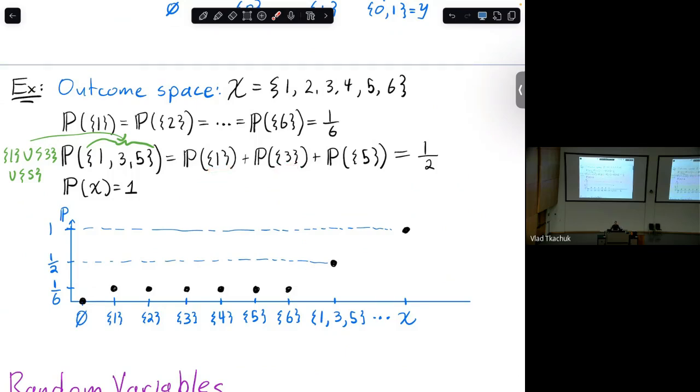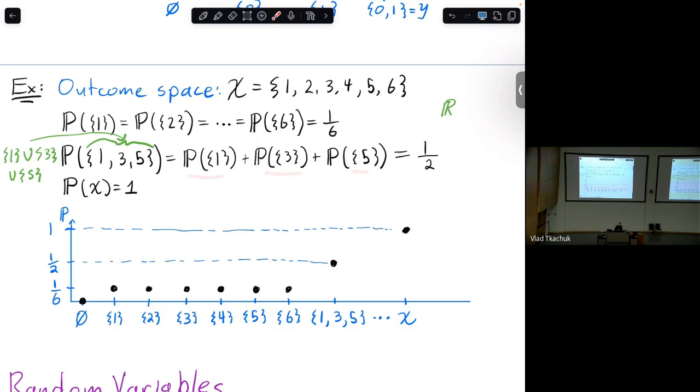This works fine until we get to outcome spaces that are infinite. If you have an outcome space like the real numbers, it's uncountably infinite, and we run into a problem defining the probability on each thing, which I will explain in a moment.